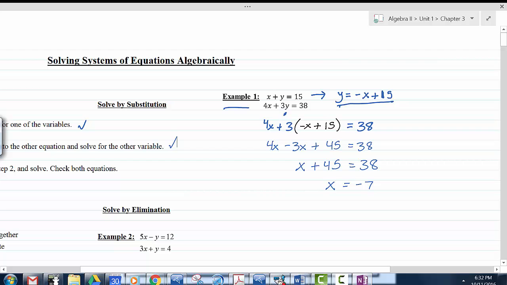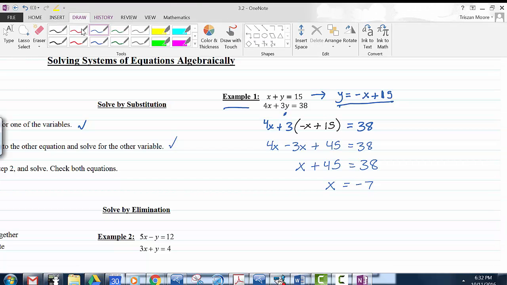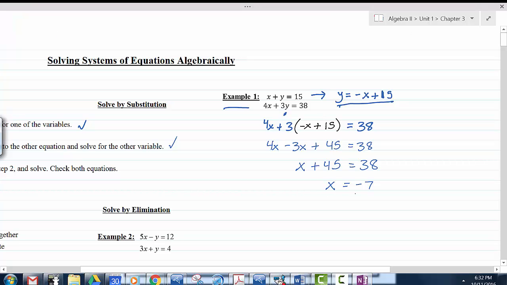If you have x equals negative 7, I will plug that back into the simplest equation that I have. So if x equals negative 7, that means negative 7 plus y equals 15.